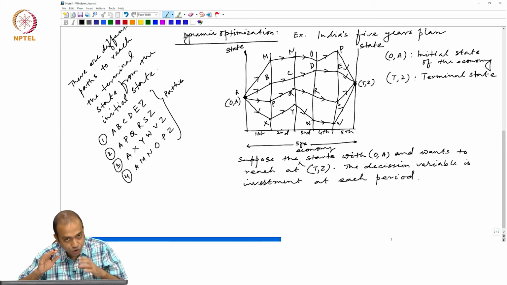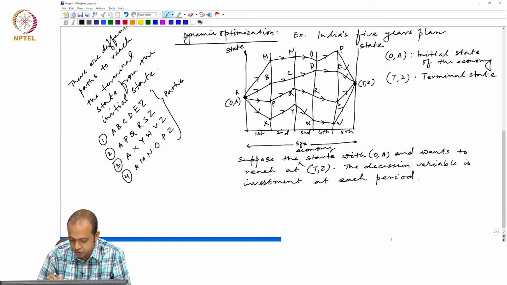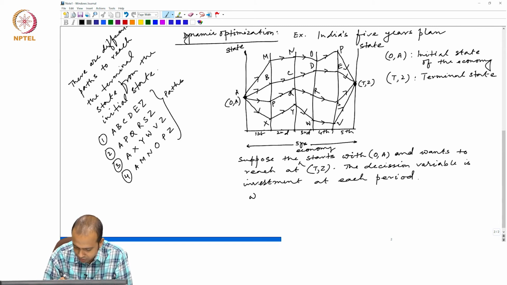Now, the question is which path to select? This is the question.